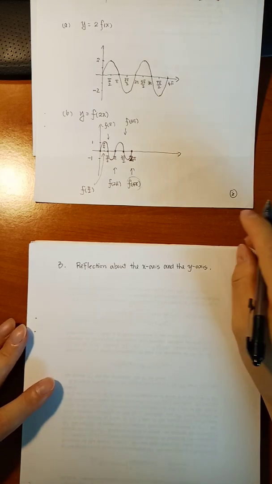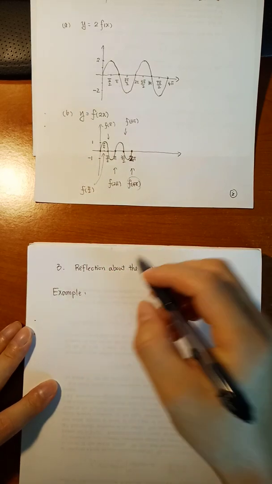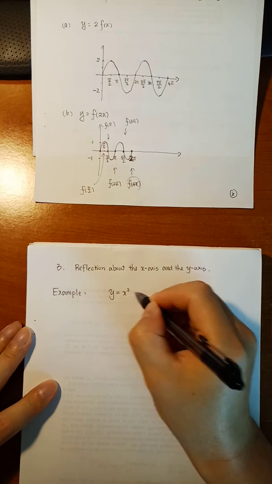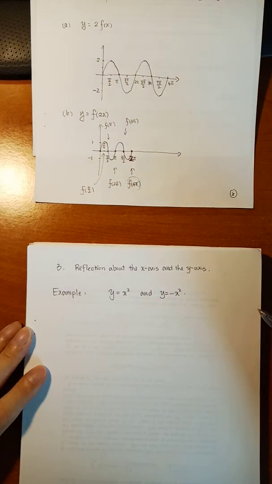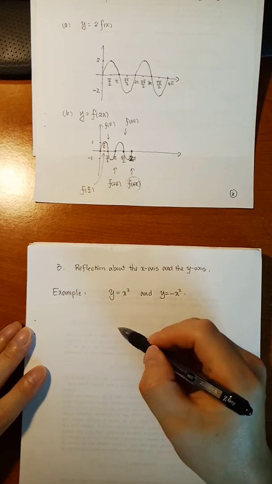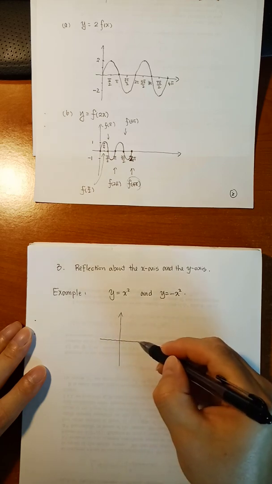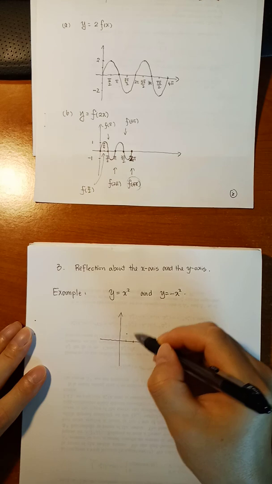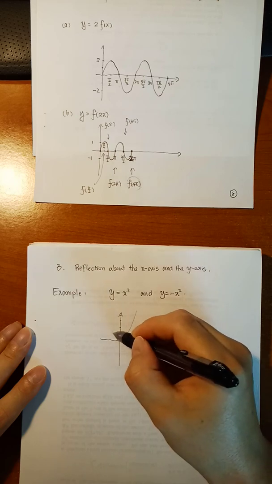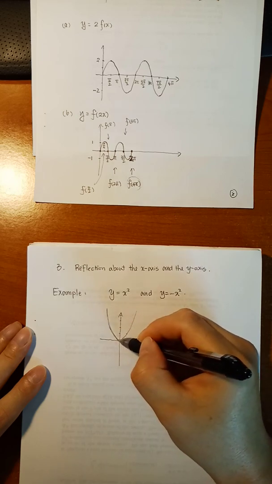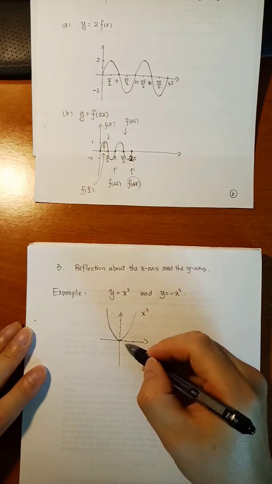Reflection about the x-axis and the y-axis. Let's compare those two graphs. y equal to x squared is a parabola opening up, and y equal to negative x squared is a parabola that's opening down.